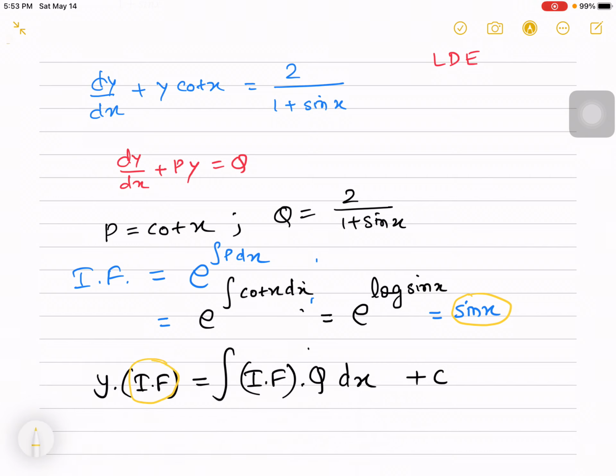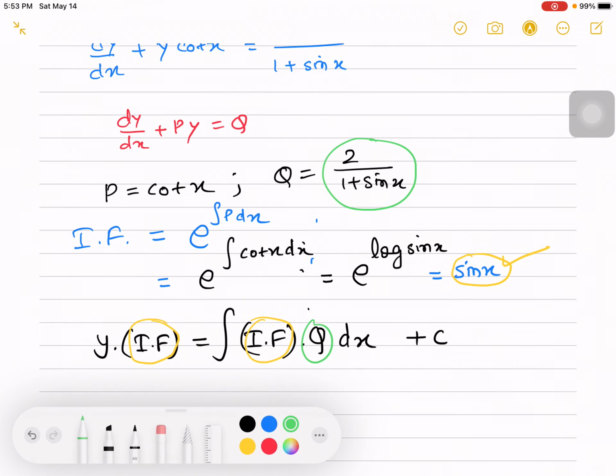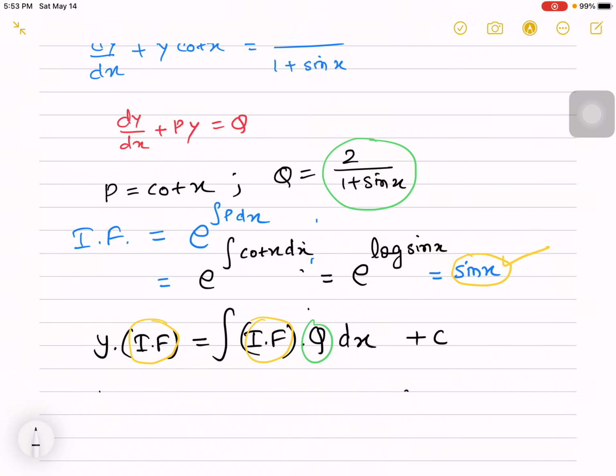The integrating factor sin x we have already got, and the q value is 2 upon 1 plus sin x. So using all these values, y sin x is equal to the integral of 2 sin x divided by 1 plus sin x into dx.